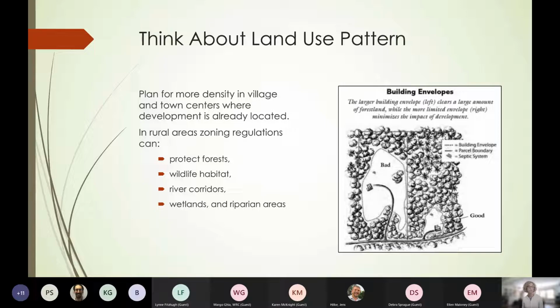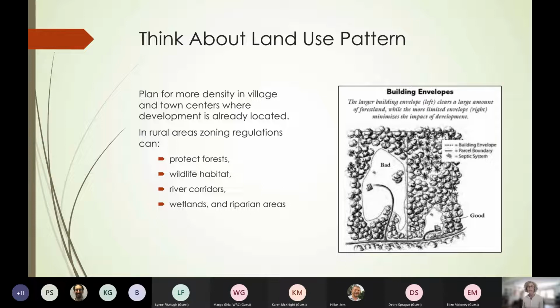And this will protect forests, river corridors, wetlands, etc. And I want to point out the image on the right, which shows how in rural areas, building envelopes can also be planned to encourage more forest, to keep wildlife connectivity by having a smaller building envelope, less of a driveway.